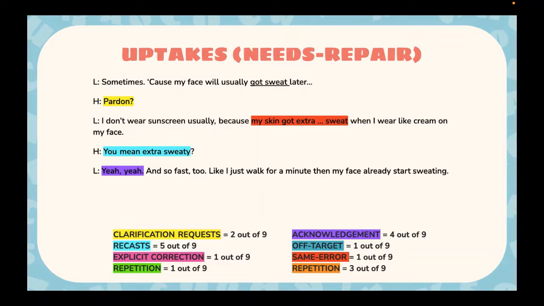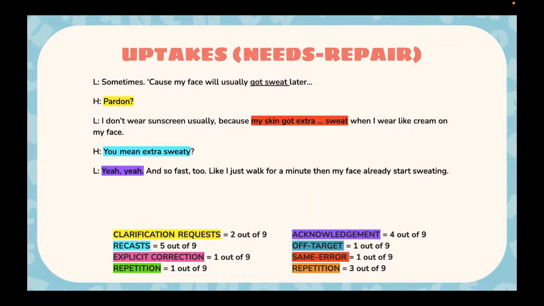Also, another uptake that can be seen morphologically. So actually, L speaker talked about got sweat later. So she uses the incorrect form of got sweat. So H immediately clarified by asking a question like pardon, and she again responded to the feedback, but actually made the same error by saying my skin got extra sweat.